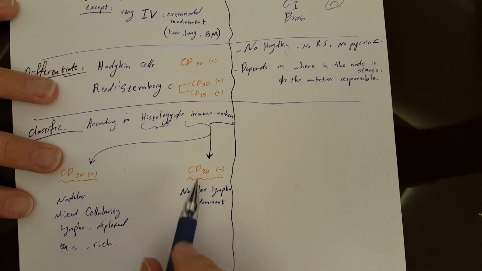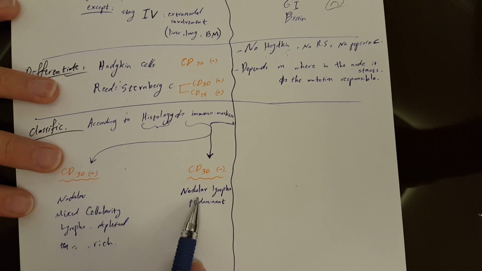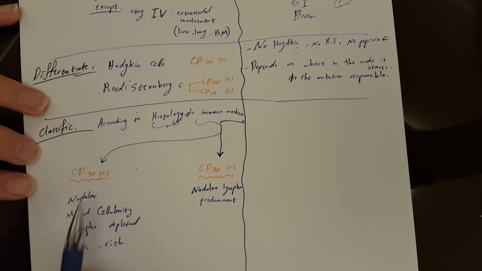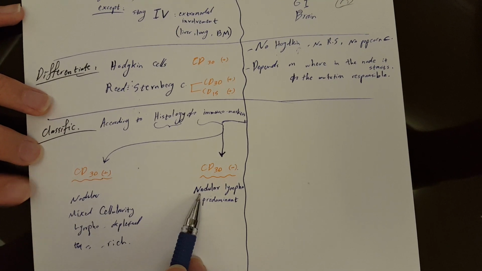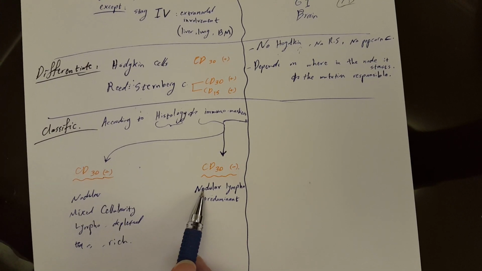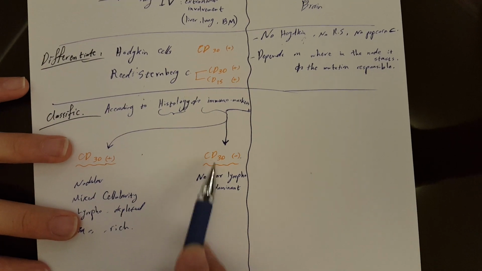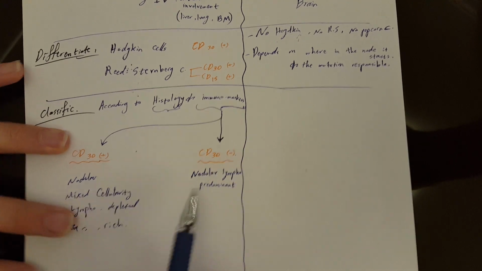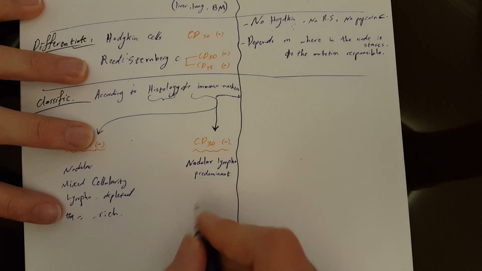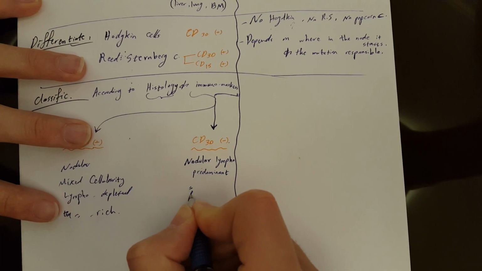If you ask me why the CD30 negative make this type and the others make that, it's just how it's found. I really don't know the answer. I don't know if anyone ever knows why these cells make this formation and the others don't. So anyway, here you will find the popcorn cells.